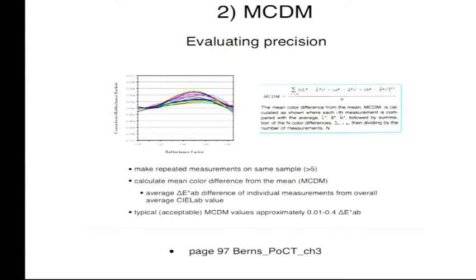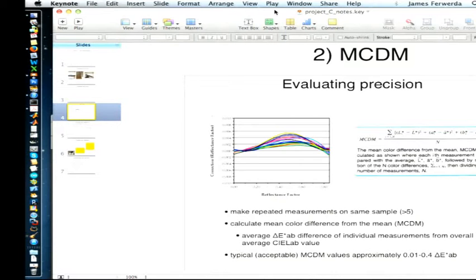Okay, and you can just calculate it. You take the average of all the measurements, right? That's the A bars, right? And then you calculate the squared difference of each individual measurement from the average, sum them up and take the average of that. Okay, and it's all in the chapter.